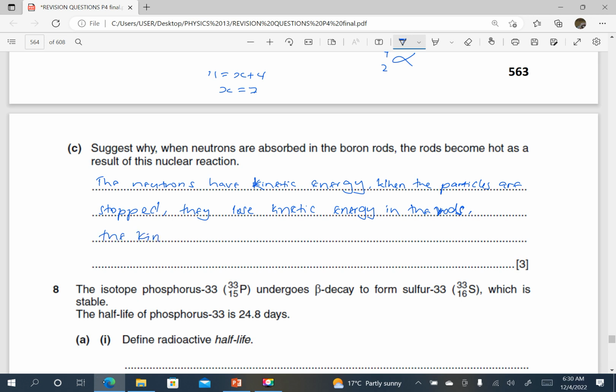The kinetic energy of the neutrons is converted into thermal energy of the boron rods.